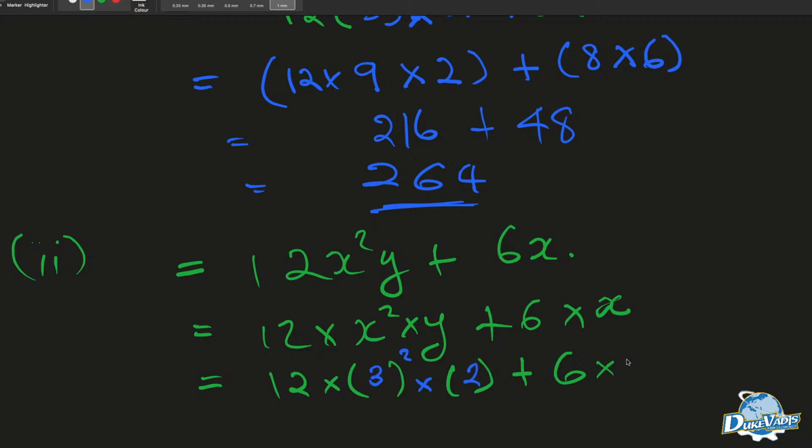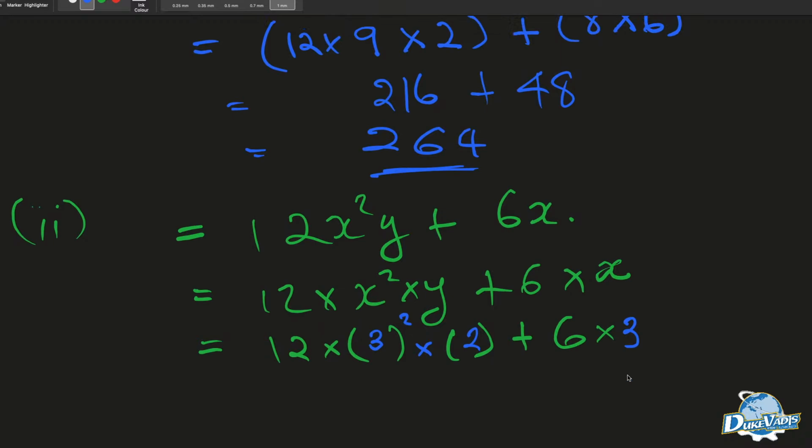And the value of x here is also 3. Okay, if that is the case, let's see. We have our first value. We are going to get 12 times 9 times 2 in brackets plus 6 times 3 is 18.